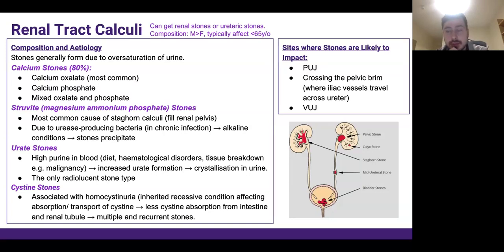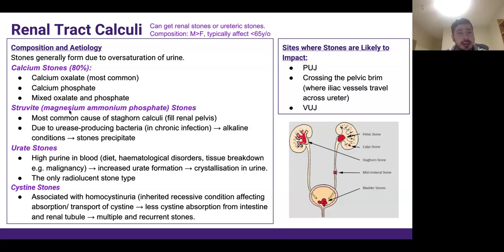Now, risk factors for calcium stones include things that might result in more calcium in the urine. So there are familial conditions that cause hypercalciuria, but also a general increase in calcium, such as hyperparathyroidism, can also result in an increased risk for calcium stones.